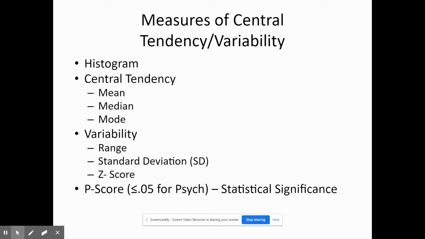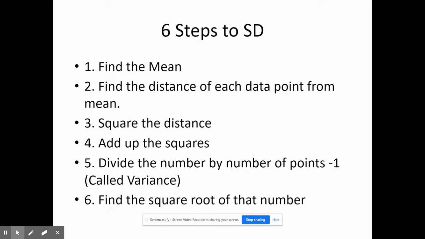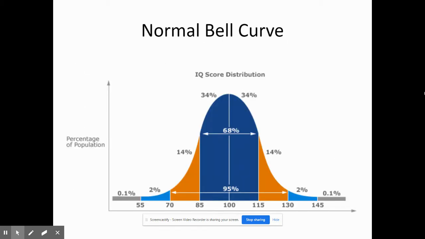The standard deviation is a complicated measurement. In fact, on the next slide, I will give you the steps to finding the standard deviation, though almost always it is given. The standard deviation is basically a number that's used to measure the variance of numbers and their distance away from the mean. So if we're looking at a normal bell curve, where our mean here is 100, and we're going to come back to this normal bell curve in a little bit, one standard deviation would be any numbers within 34% of that mean.